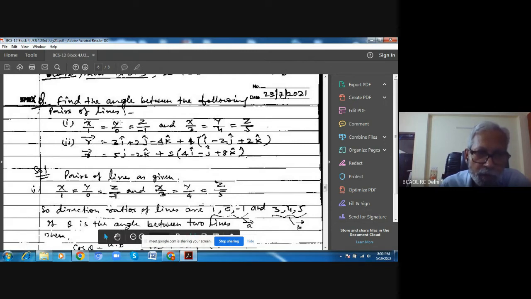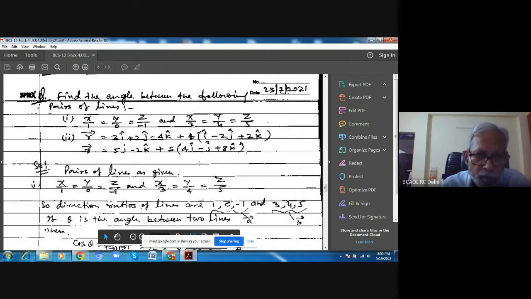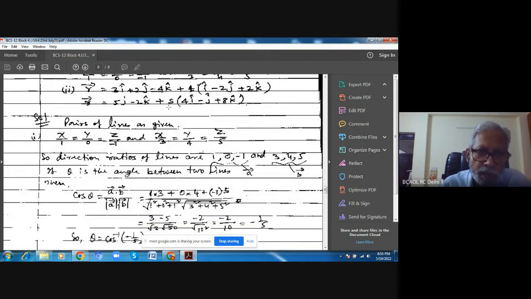So you have to take 1 0 -1 from here, and here is x by 3, minus y is 4, and the z part. All these things are given in the question paper.